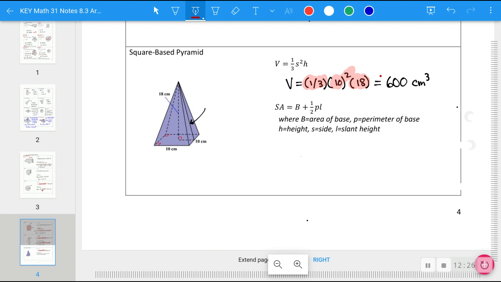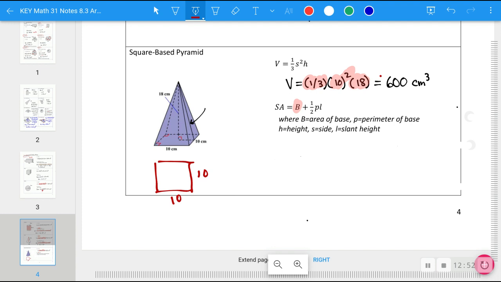Okay, the surface area has a major difficulty. Two things, actually. One is that the big B stands for the area of the base. So let me draw what the base of this thing looks like. It's a square. It's 10 by 10. And that base has an area of 100.